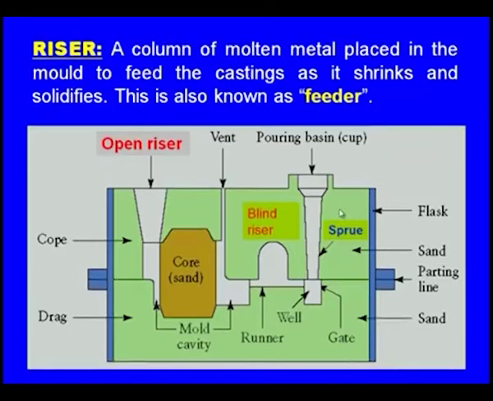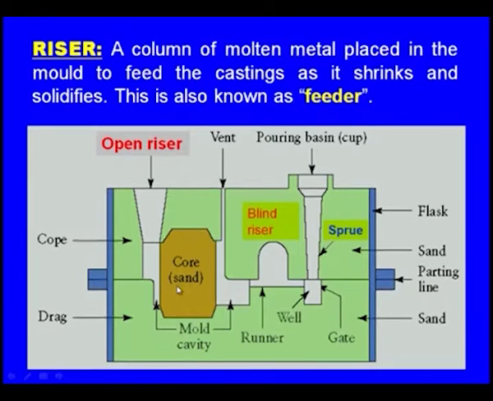Next, let us see the riser. Again let us see the same cross section. The molten metal is poured into the pouring cup and it passes through the sprue and it passes through the runner, the horizontal passage, and it fills into the mould cavity around the core.